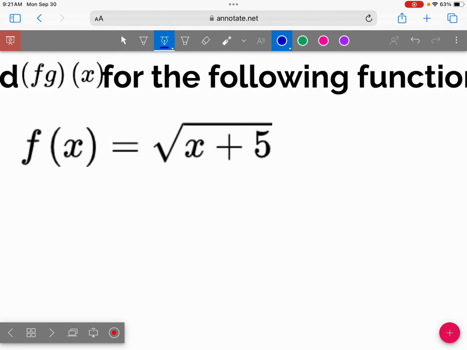So what is the domain here? With square roots, what does my radicand need to be? Non-negative, right? It can equal 0, but it needs to be 0 or bigger. So when does x plus 5 be equal to 0 or greater than? When x is what?